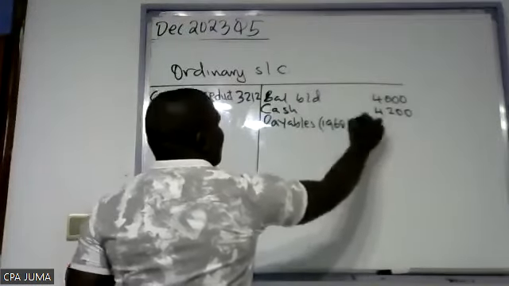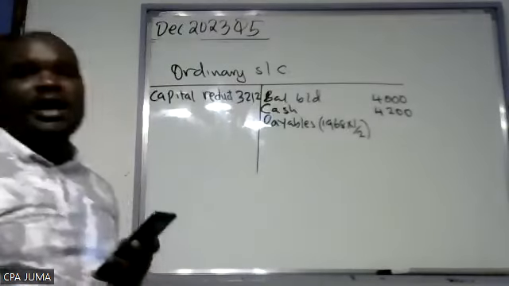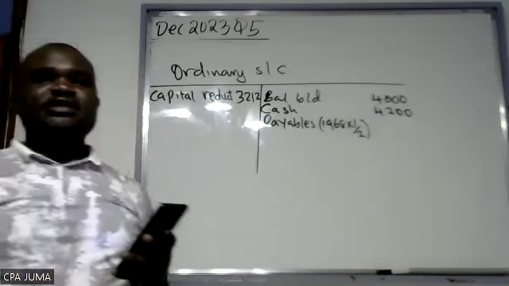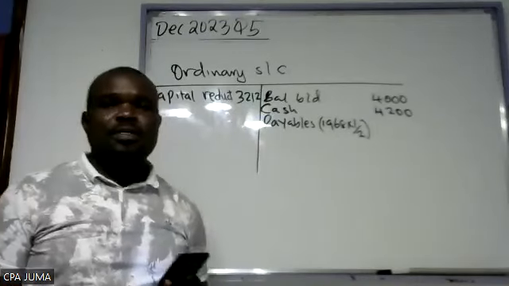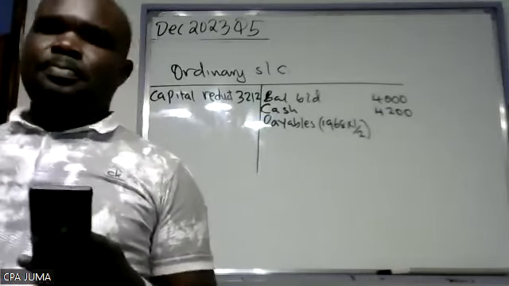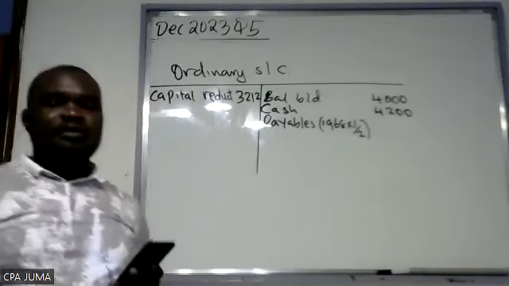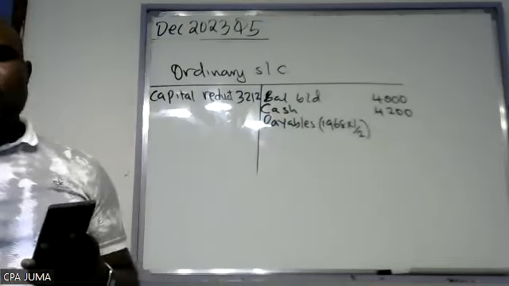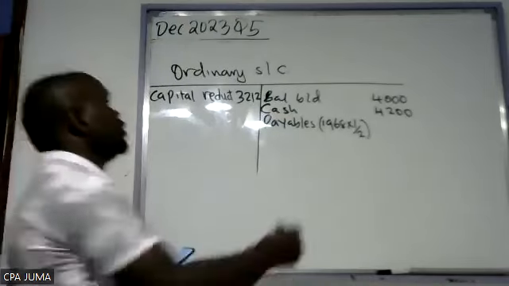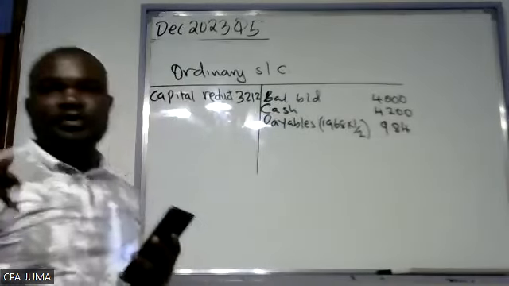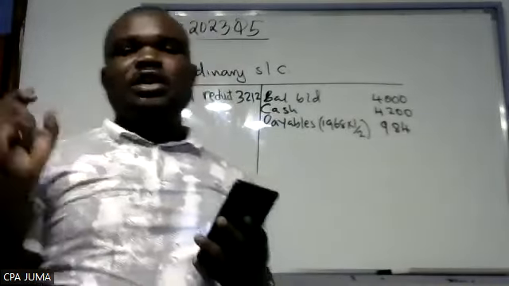What is 1968 by a half? 984. So you have given me note 5, note 6.